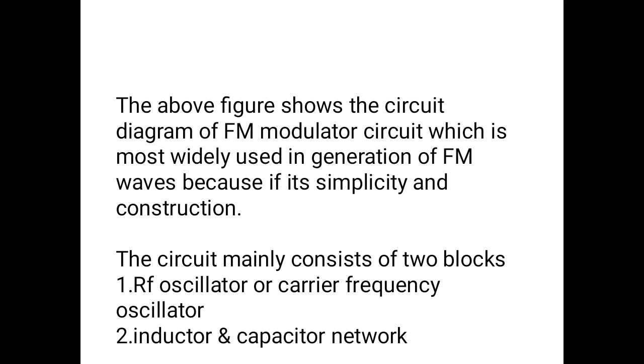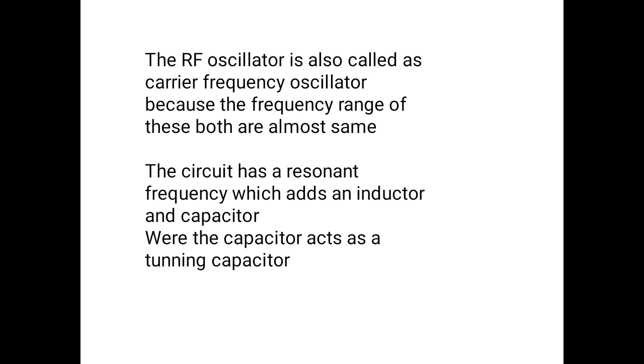So the circuit consists of two blocks, as I told. One is the RF oscillator or carrier frequency oscillator. The other one is the inductor and capacitor network. You have already seen in the circuit how these components are connected.